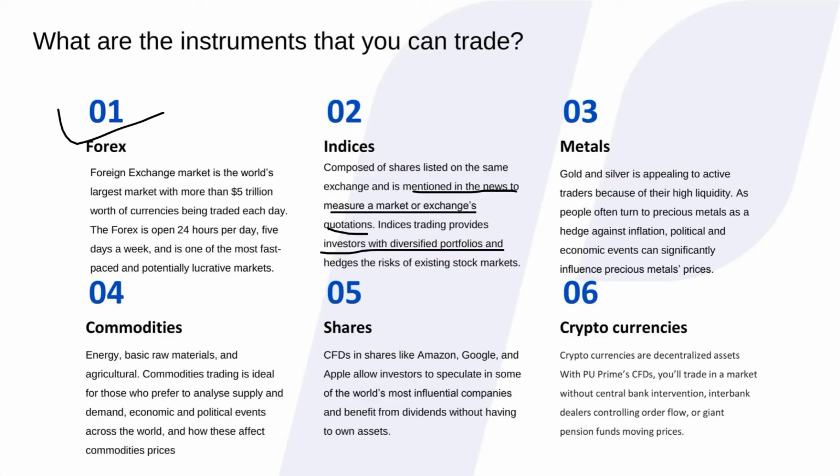If you're talking about indices, for example, we have the US Dow Jones. The Dow Jones is an index consisting of 30 stocks of the top capitalized companies in the US stock market. If you want to know how the top 30 capitalized companies are performing in the US stock market, all you need to do is check the Dow Jones index.